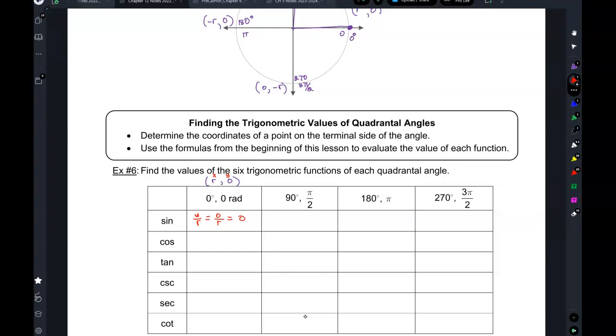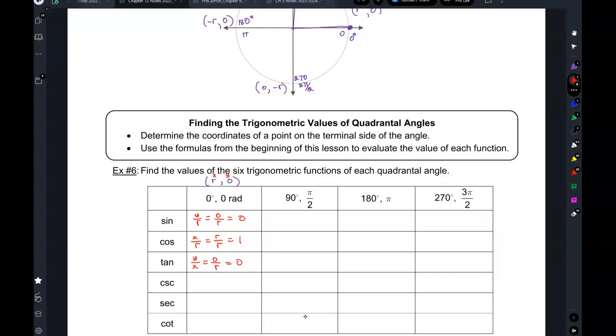Okay? Cosine is x over r, right? X is what? R over r, 1. Right? What's tangent? Y over x. 0 over r, 0.